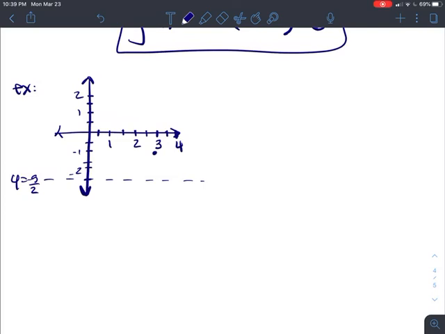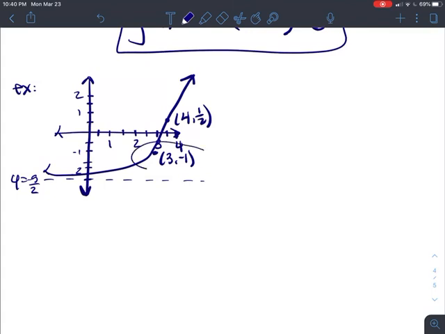So it's right here. And our second reference point is at 4, 1/2. So right here. So it'll look like this as our function. So this is 3, comma negative 1. And this is 4, 1/2.